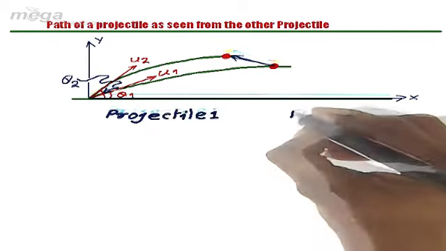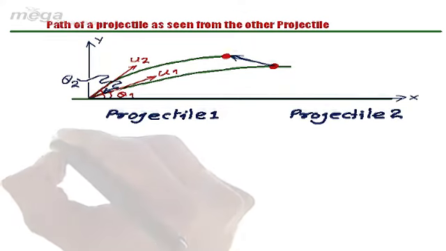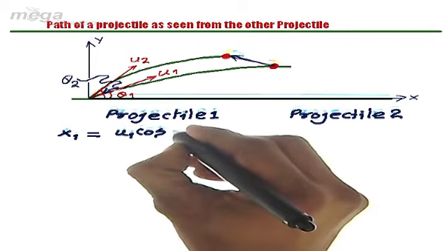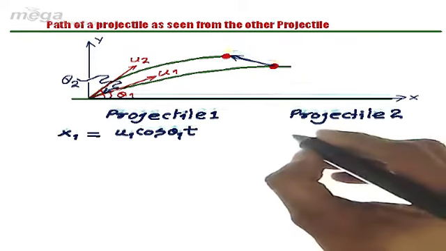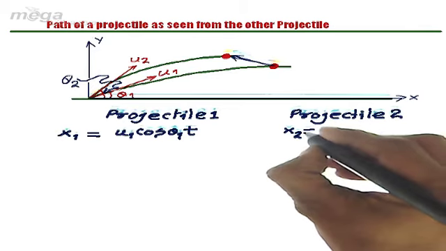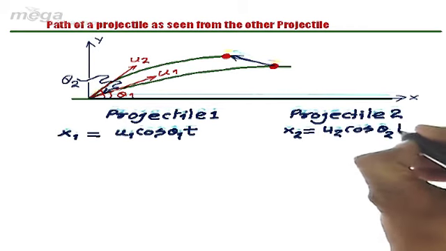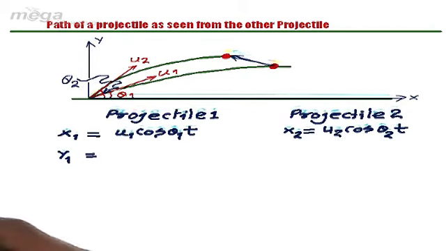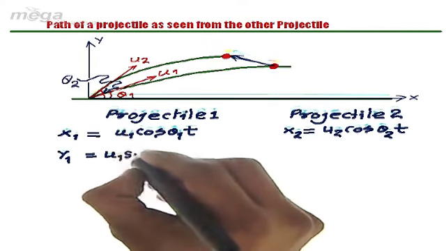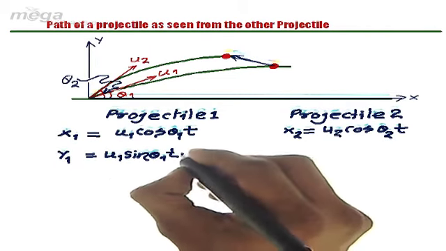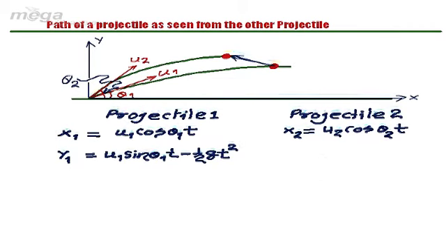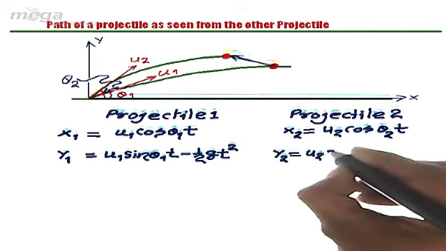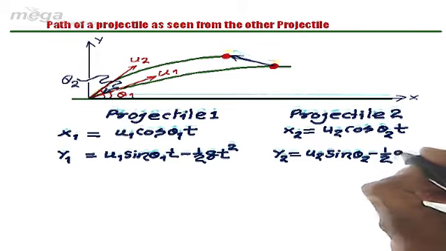For projectile 1, the x position x1 is equal to u1 cos theta 1 into time t, while for projectile 2, the x coordinate x2 is u2 cos theta 2 into time t. For the y coordinates, y1 is equal to u1 sine theta 1 into t minus half g t square, and for the second projectile, y2 can be written as u2 sine theta 2 into t minus half g t square.